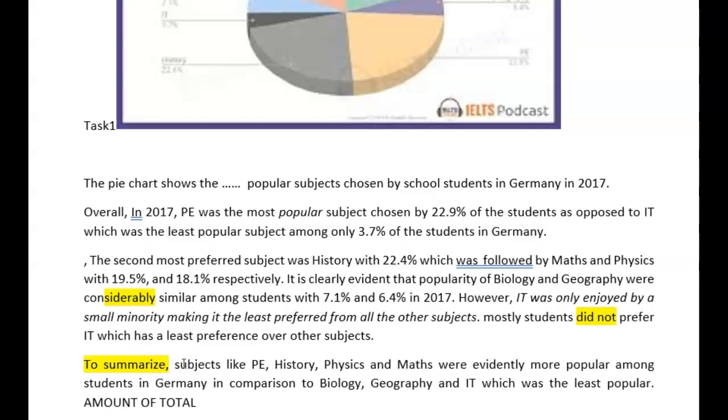I would say it is evident that subjects such as, or just literally the subject names, PE, history, physics, maths, were more popular compared to. Now what you could do here, subjects like PE and maths were evidently more popular.